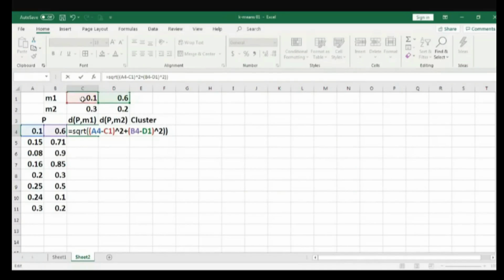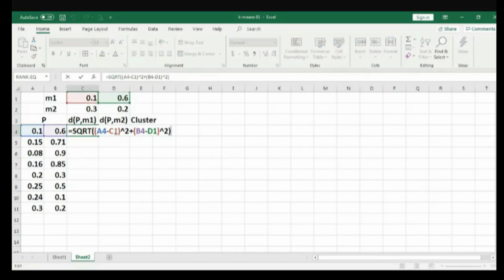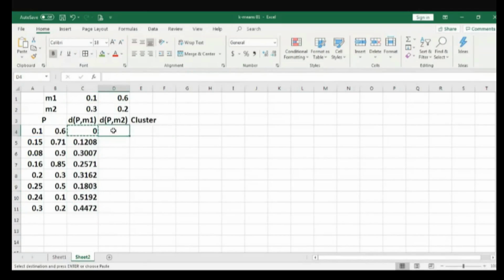Now again I'll put a dollar over here and a dollar over here so that I can drag it. Then I will just copy this equation, or I will write it for you.